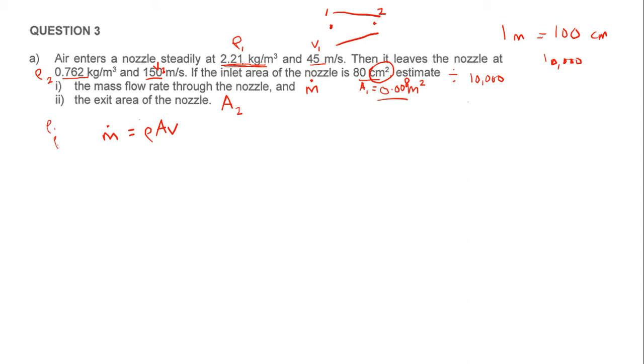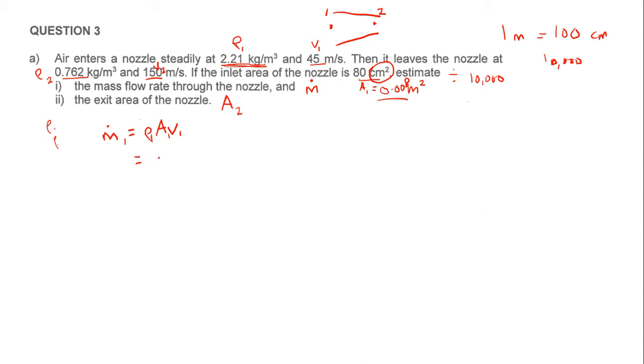They gave you the rho 1, the A1, and the V1, so it's easy. So this is the mass flow rate at 1.